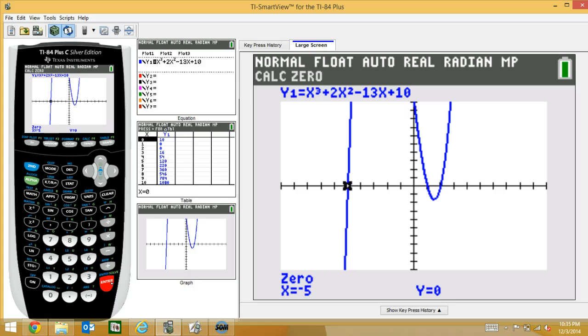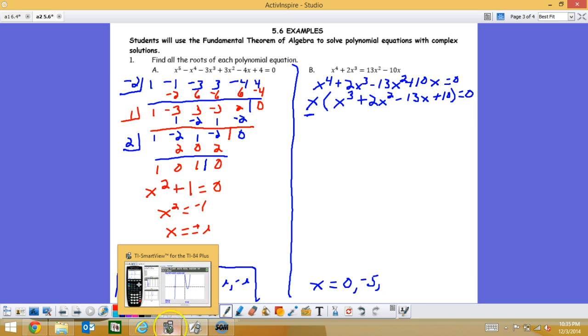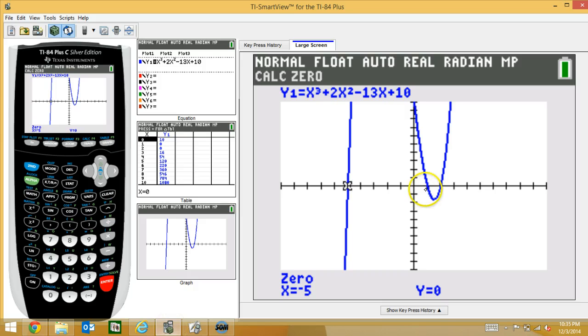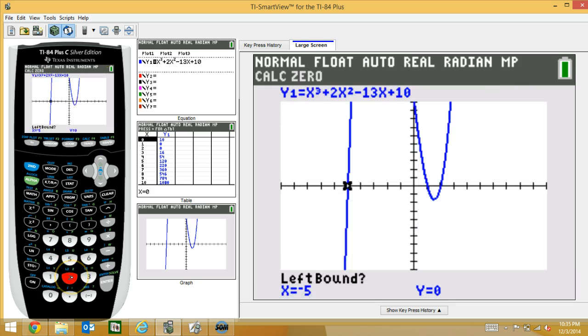So we have another 0 of -5. Okay, so then we'll see if those other ones are actually rational yet. So looks like it could be 1. We can confirm by calculating that 0.